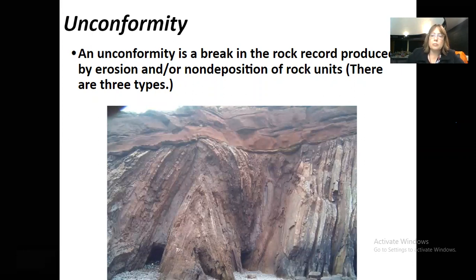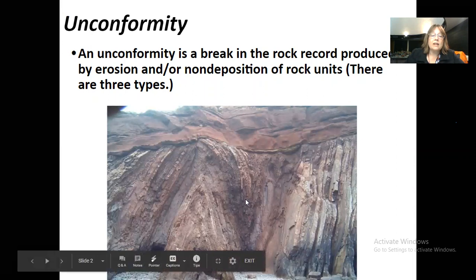Well, these layers below right here are definitely not flat and horizontal. They have been incredibly altered. They have been disturbed. They're no longer flat and horizontal. They have actually been folded into an anticline and folded into a syncline. And that's actually the next lesson. So you're going to have to wait on that information.